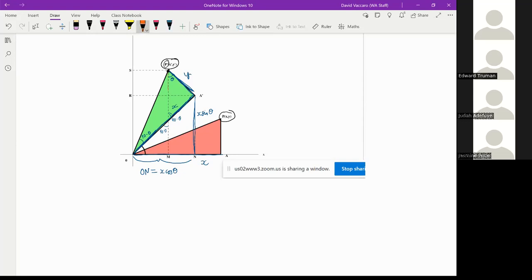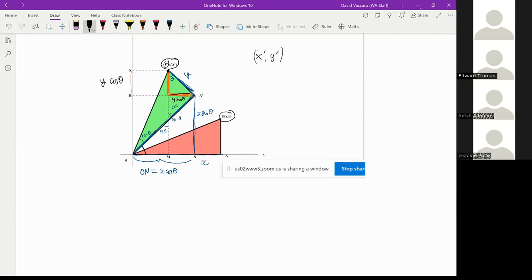We can now do a similar resolving. So this vertical distance here, this distance RS, is just y cos theta. And this horizontal distance here is y sine theta. So I can now find the coordinates of x dash y dash.